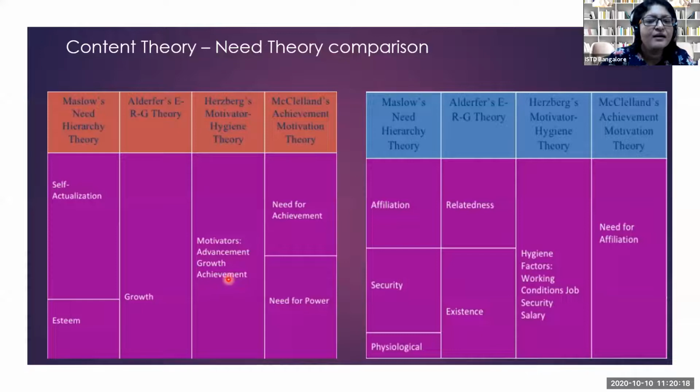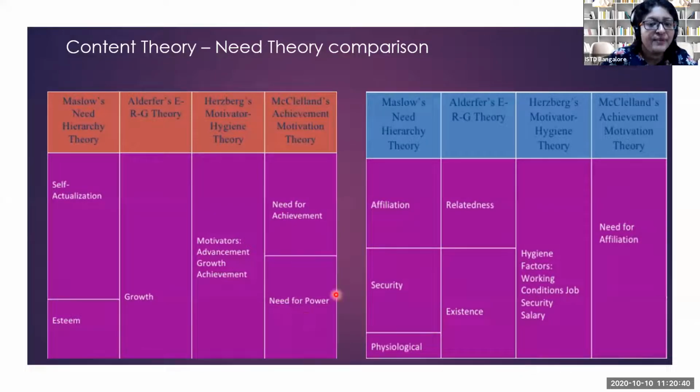So these are over and above. That's why these are motivators. And these are hygiene factors. Okay, so that's the relation between these three. And the fourth one is need for affiliation, which is again covering the physiological needs, security needs, and the belongingness needs. So that's the need for affiliation.